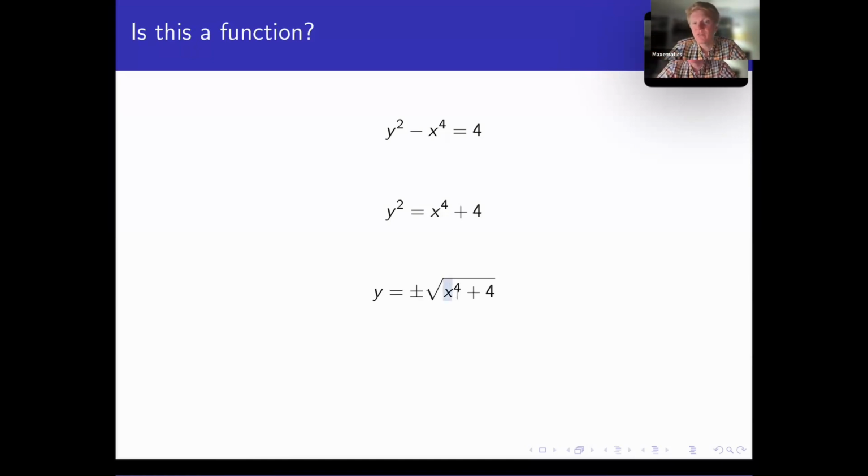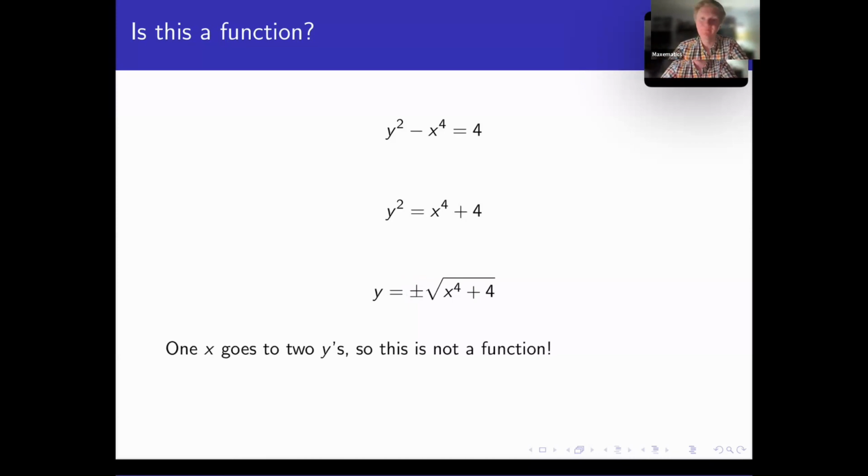Well, 0 to the fourth is just 0. 0 plus 4 is 4. Square root of 4 is 2, but then we tack on plus and minus to that 2. So when we plugged in one single x equals 0, we got two answers back. We got +2 and we got -2. One x went to two y's. So this is not a function.